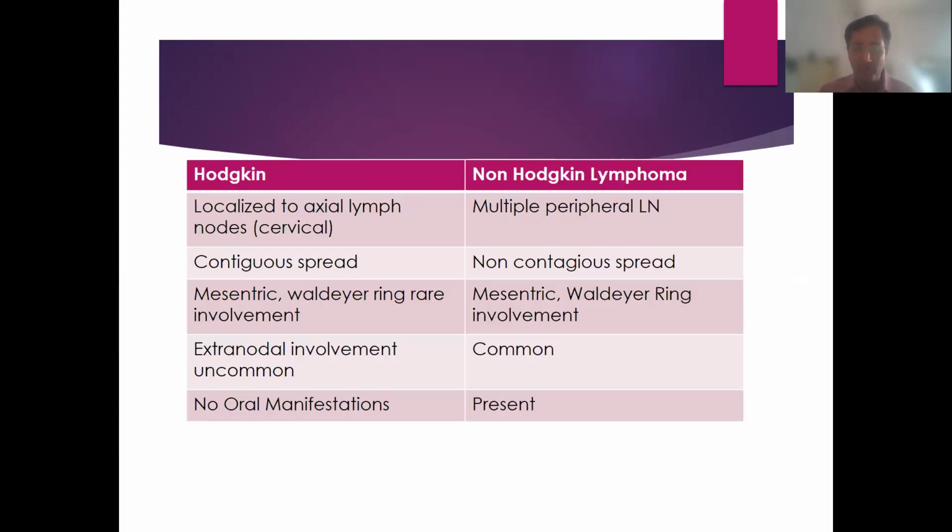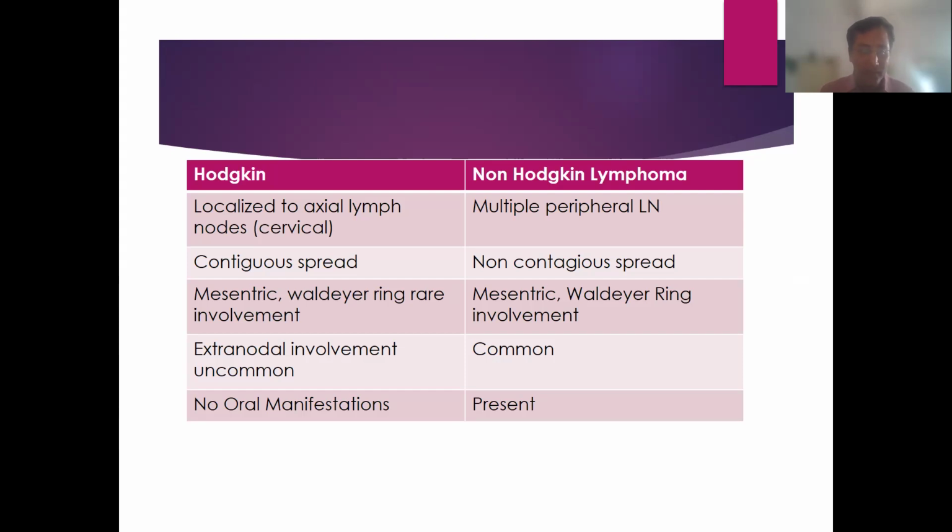What is the difference between Hodgkin and non-Hodgkin? Hodgkin is localized to the axial lymph nodes. Non-Hodgkin lymphoma means multiple peripheral lymph nodes. There is contiguous spread in Hodgkin. It is non-contiguous spread in non-Hodgkin. Mesenteric nodes and Waldeyer's ring are not involved in Hodgkin, but in non-Hodgkin we are finding Waldeyer's ring involvement.